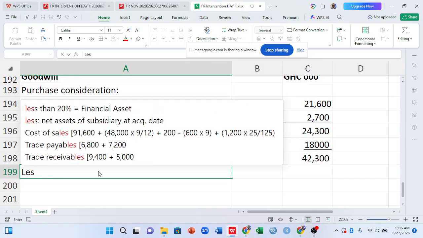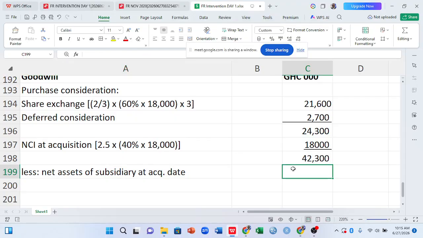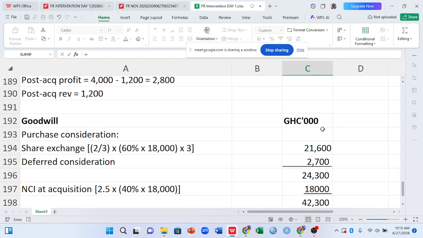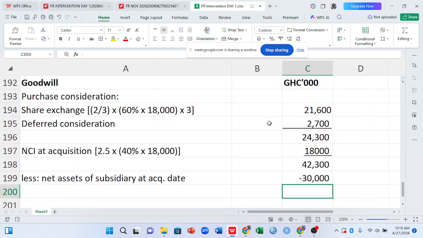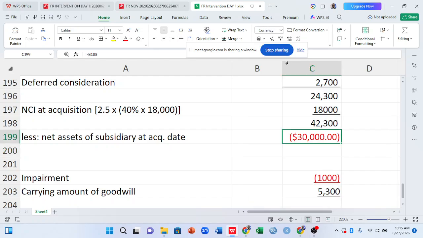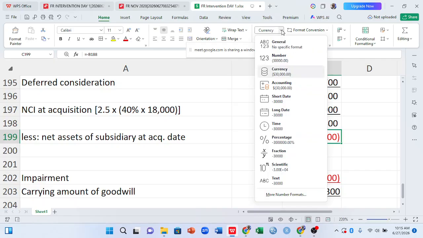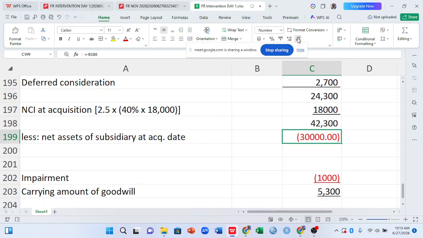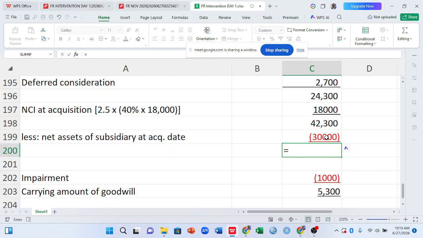And then the layer is the net assets here. So that's this figure, 30,000. Then we get this. So this should be the figure rather.